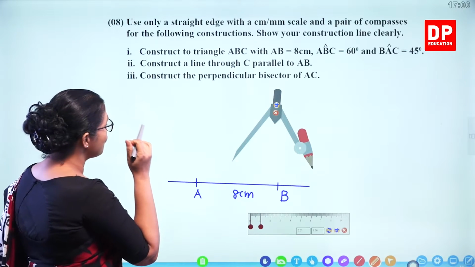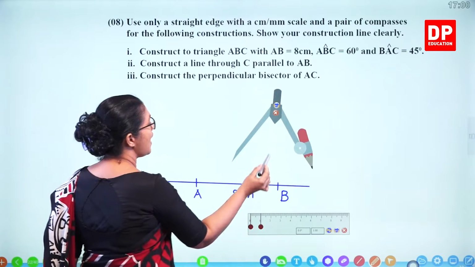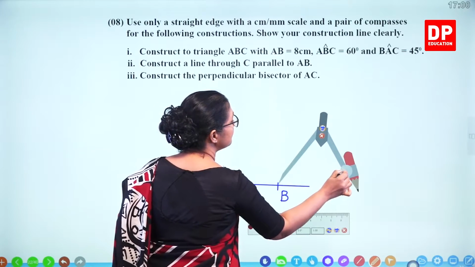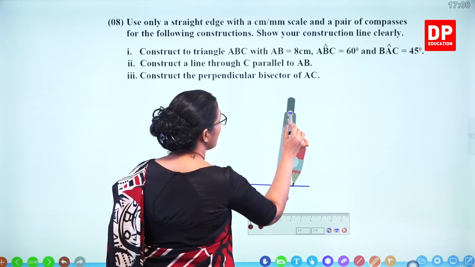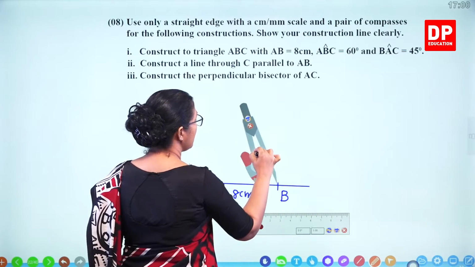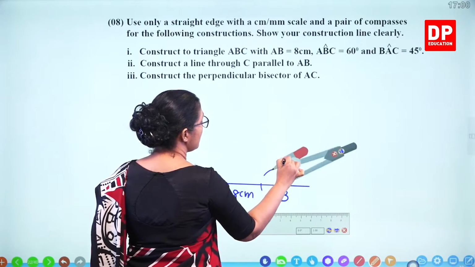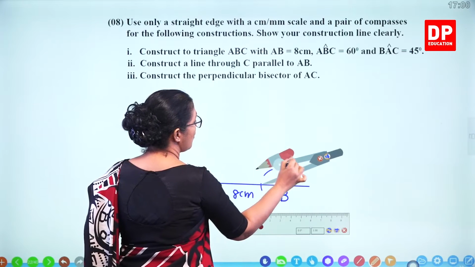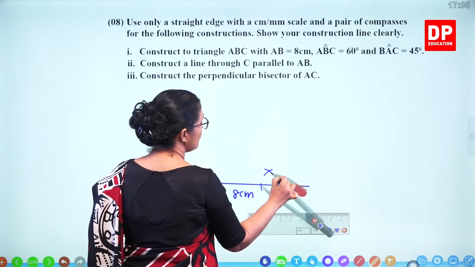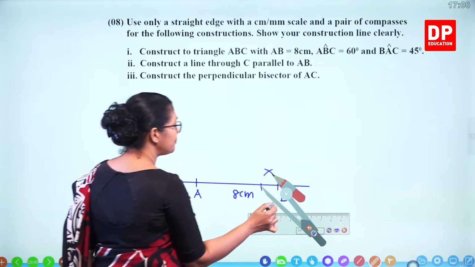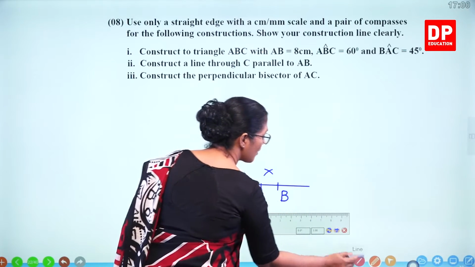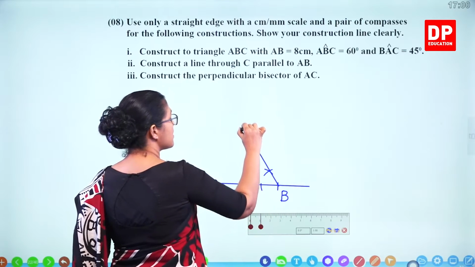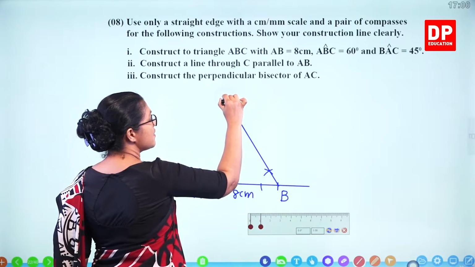Then you need to construct 60 degrees for B angle. So you can take a certain distance. You can draw an arc here, another arc in the middle, and keep the compass here and draw another arc here. So 60 degrees you already know. Now take the ruler and connect. This is 60-degree angle.